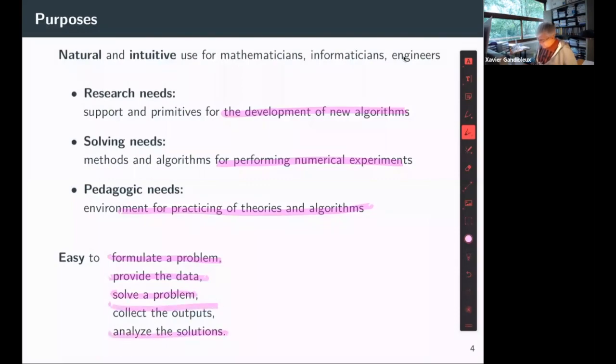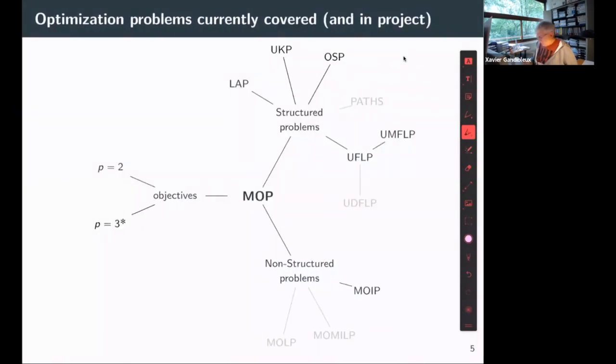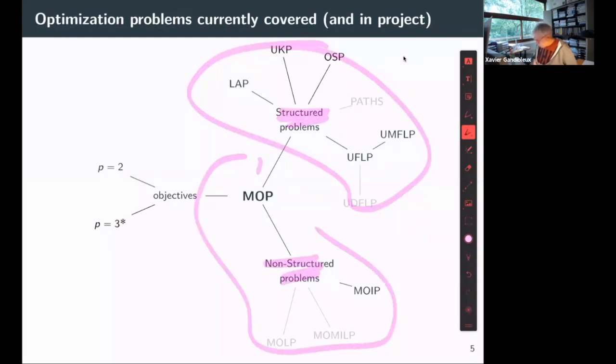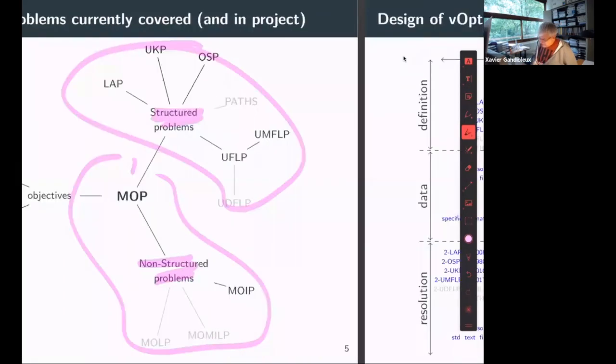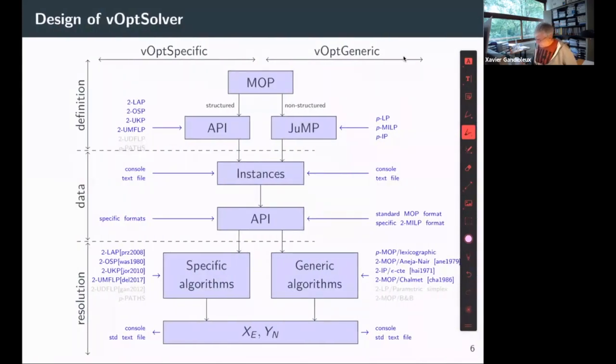vOptSolver is organized through what we call structured problems and non-structured problems, which correspond to the 2 packages. Somebody who wants to solve a problem with vOpt generic has to define the problem using JuMP, which we have extended to deal with P objectives.